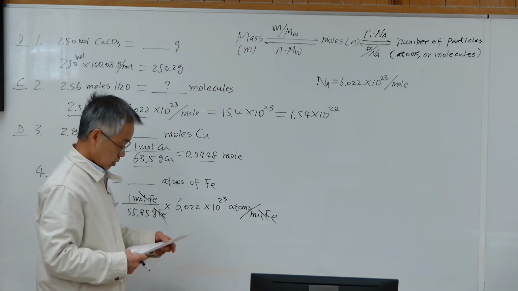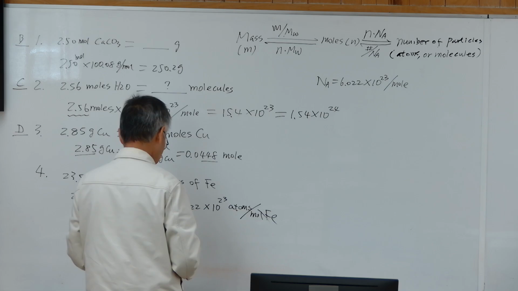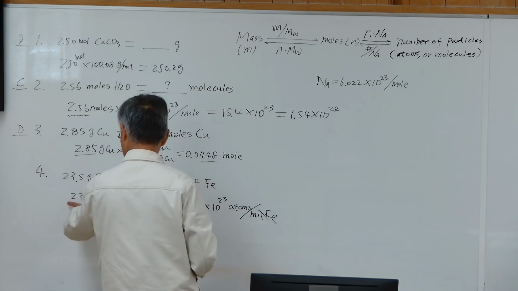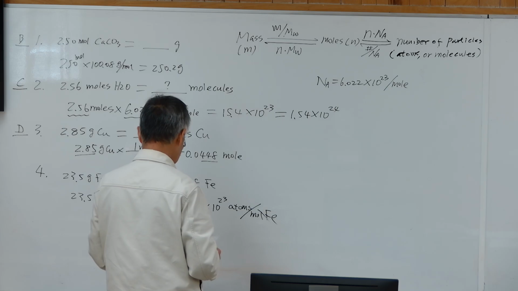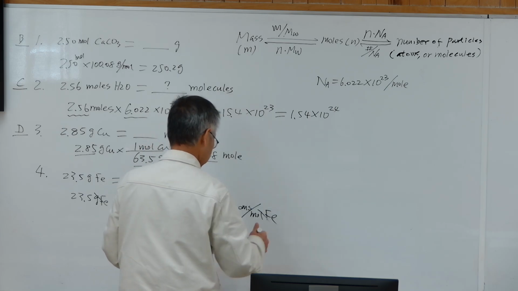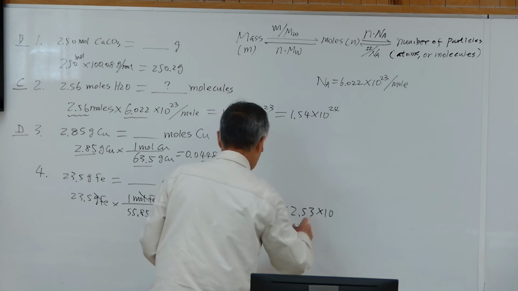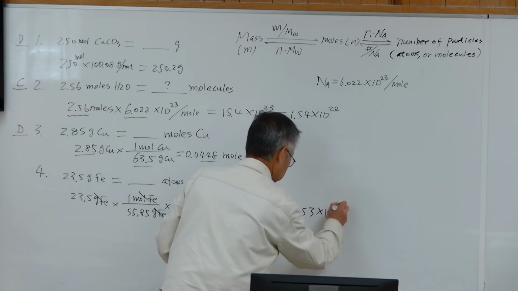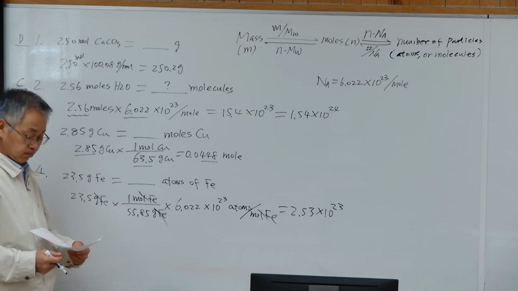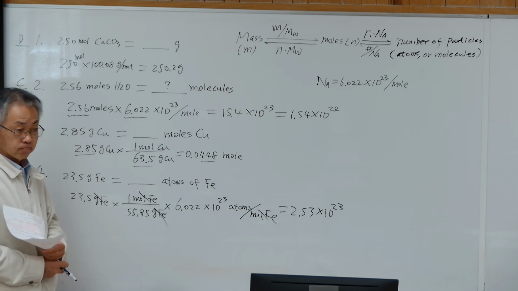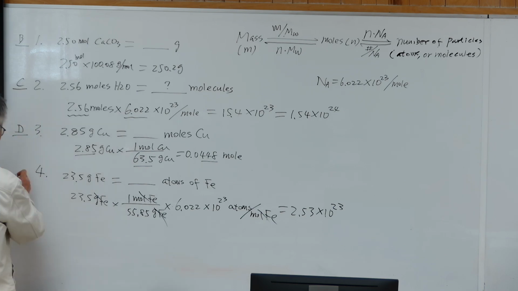This will give you a number less than 3, so 2.53 times 10 to the 23rd. So clearly, this answer should be D.